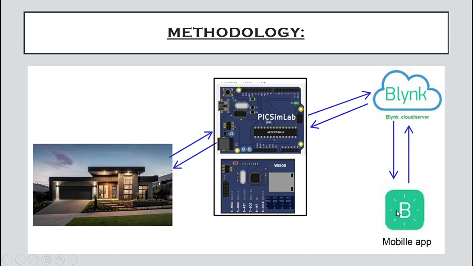From the Blynk app we connect to the Blynk cloud server to do the necessary things, and we need to light an LED. Then from the Blynk console, the server gives a command to the Arduino board to do the work, and later the LED blinks in the house.